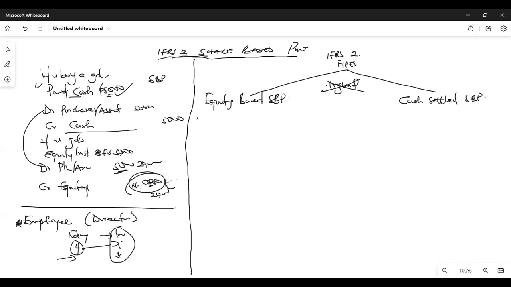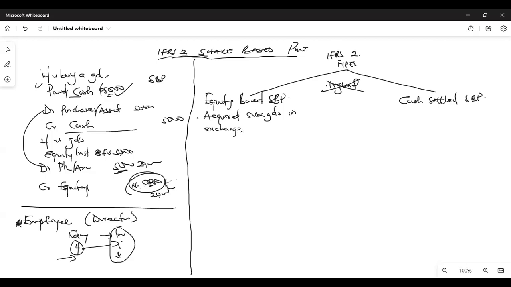Now, if you look at equity settled share-based payment, what we are saying is that you acquire a good or a service, but you are going to use an equity instrument. So you are acquiring it in exchange of what?